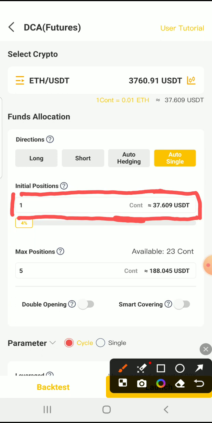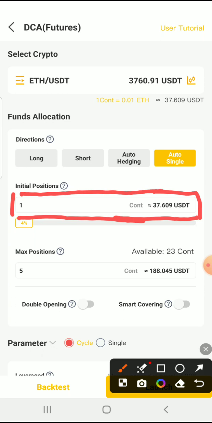So after it launches this first trade, or initial trade, or first order, there are 3 more orders that it can launch. Okay, and how much will the robot use to launch all those trades?